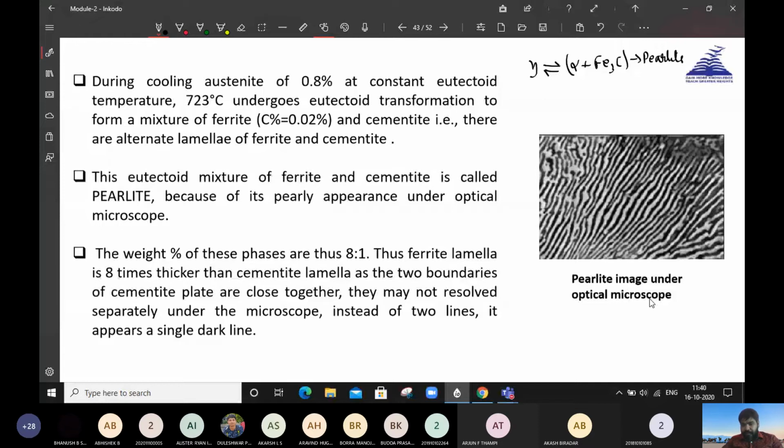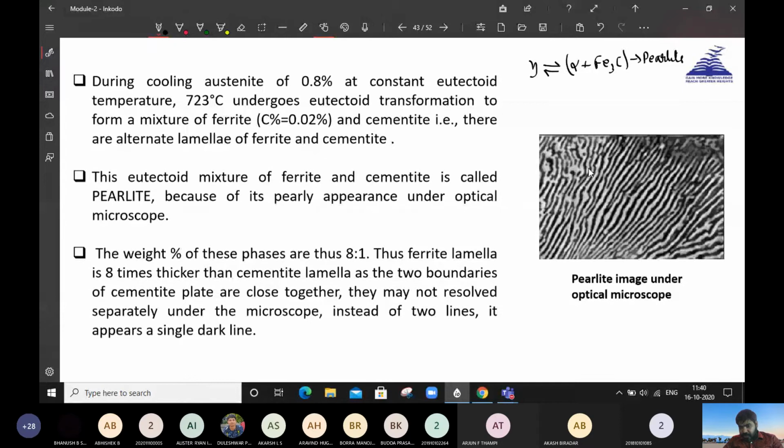Now, I have already told you about the thickness of this alpha. You can see here the weight percent of these phases are 8:1, meaning the ratio of the two phases, alpha and Fe3C, is 8:1, so the amount of alpha is 8 times greater than the amount of Fe3C.